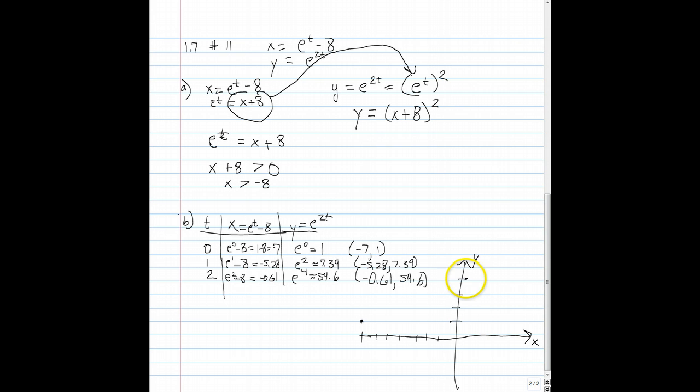And then we have negative 5.28, so 1, 2, 3, 4, 5, and some change, and then we go up about 7. You can see that it starts to go in this direction here. So if you were to include it with the arrow, it looks something like that.